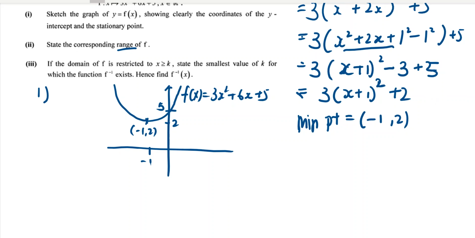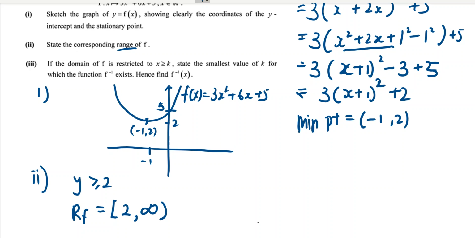So there's two ways you can represent the range. Number 1, you can put it in an inequality. So you can say that y must be greater or equals to 2. This is one way. Now when you go to A levels next year, you will also learn how to present it another way. The range of f is equals to, this means it includes 2, from 2 to infinity.